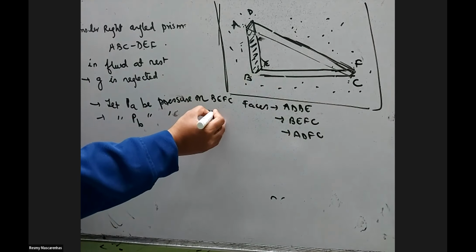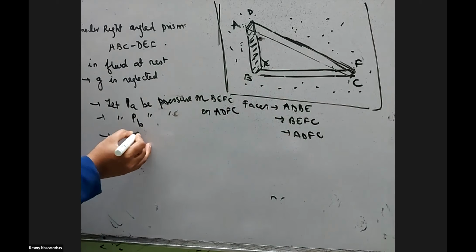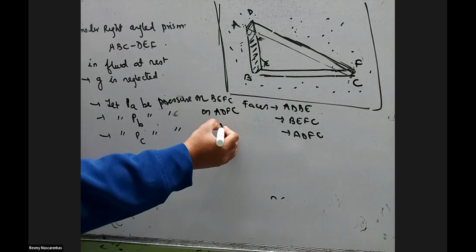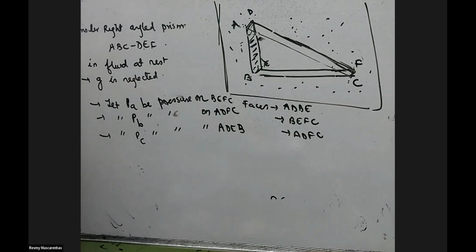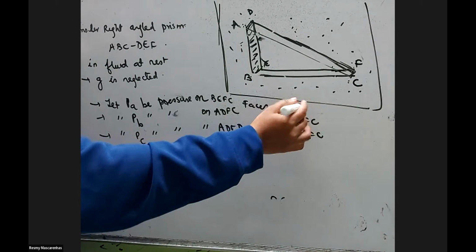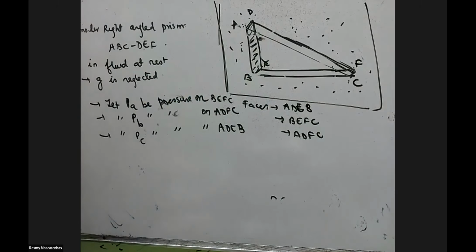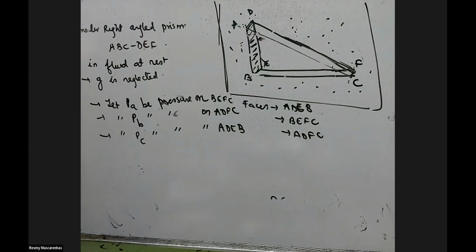Second one is considered as ADFC, and let PC be the pressure on the third one, ADEB. So these are the three pressures which we have assumed from the liquid on these faces.